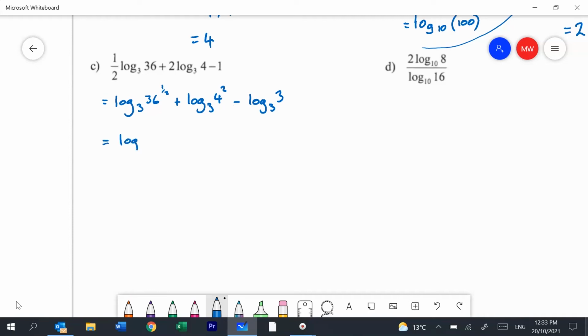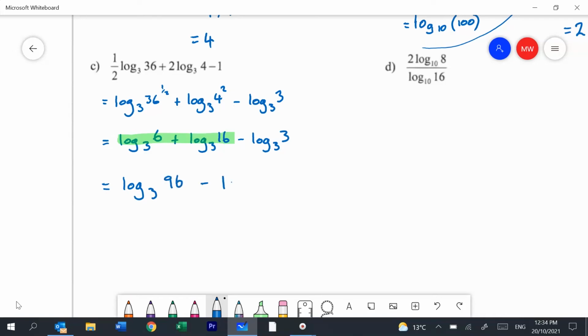We've got log 3, square root of 36 is 6, 4 squared is 16, and we've got our term that we don't need to modify any further on the end. And now what we can do is start to use the law. So let's break it into two, and let's look at the addition portion of it first. So using our first law, we know that this will give us log 3, 6 times 16, which is 96.